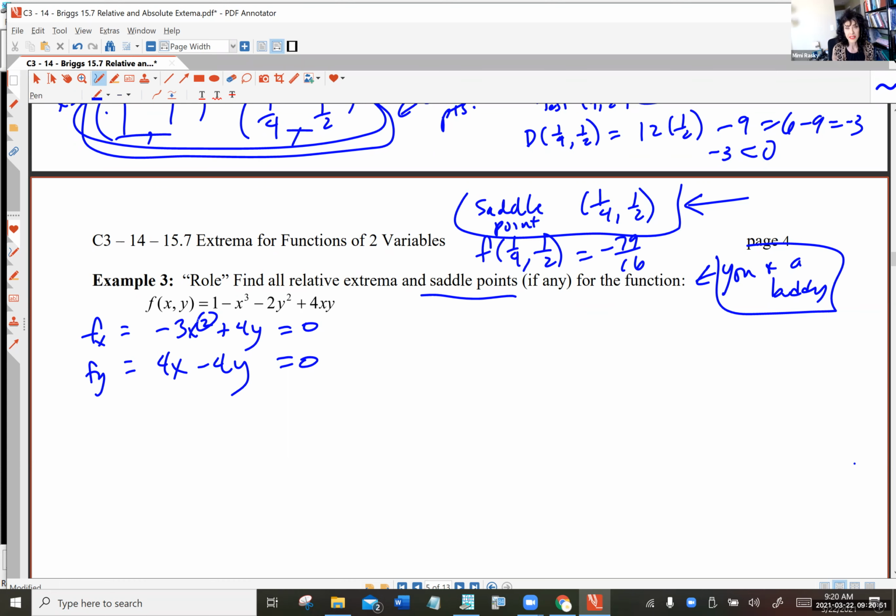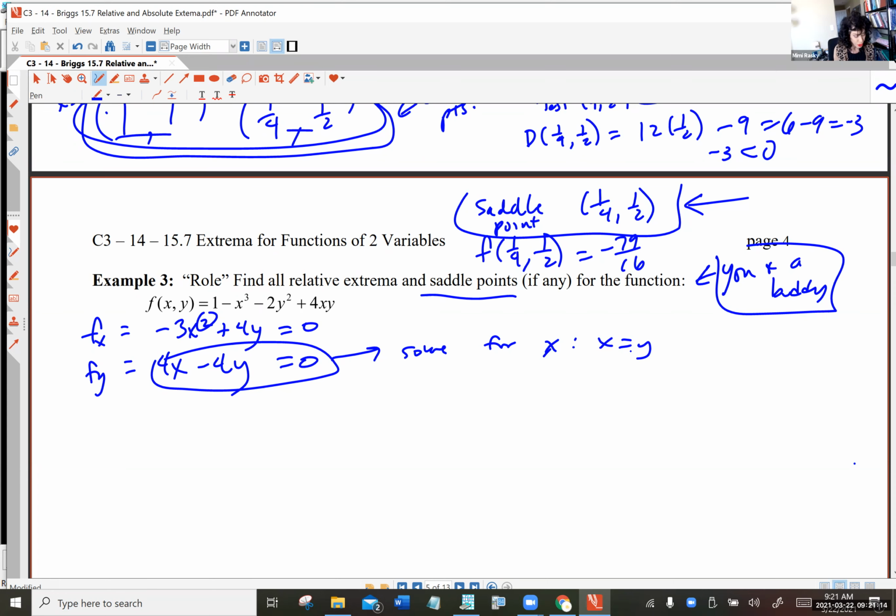I like to pick the easier of the two equations to solve for one of the variables. That's just how I roll. So here, if I solve for x or y, it doesn't even matter. I end up with x equal to y, or y equal to x, your favorite flavor. It doesn't really matter here, whichever one works.